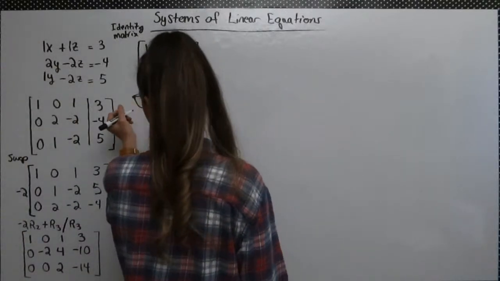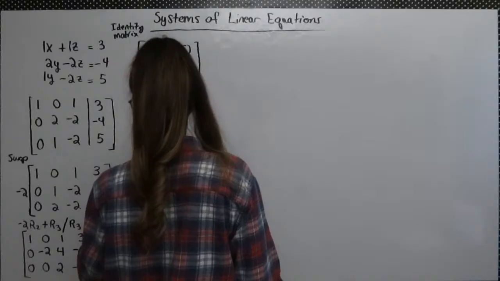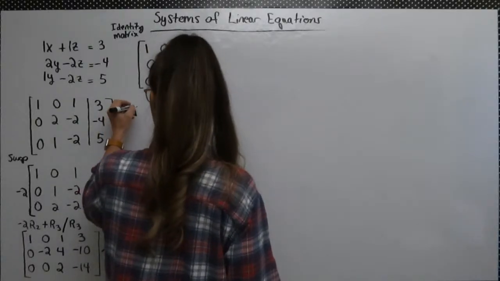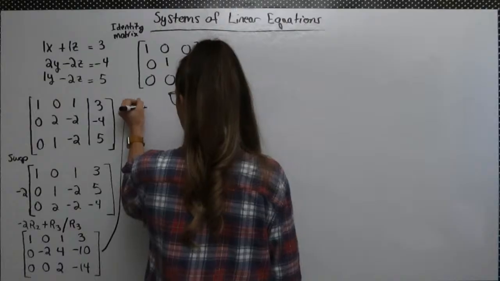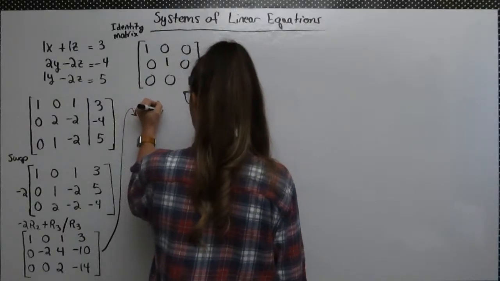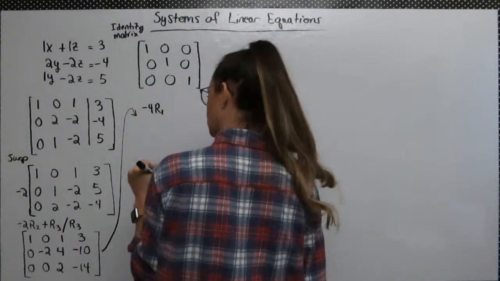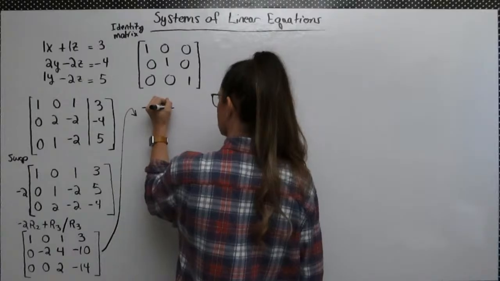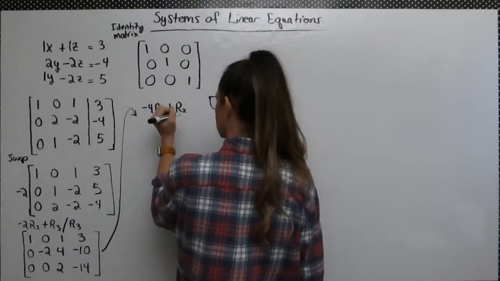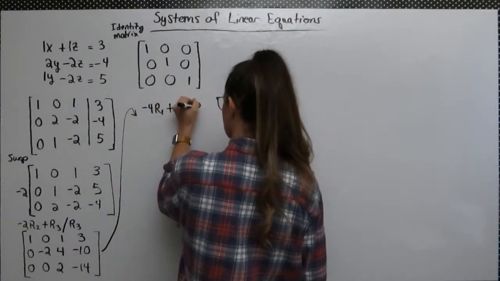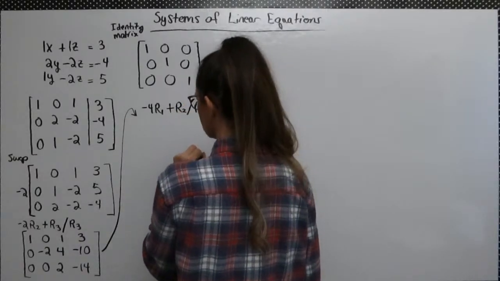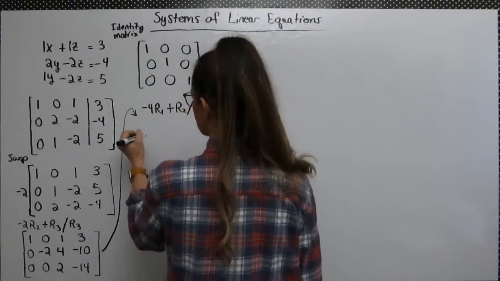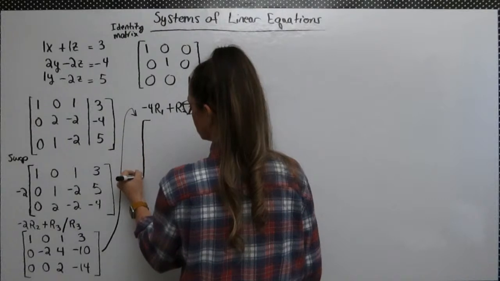So we're going to say -4 row 1 plus row 2, and then we'll replace row 2. That's what we're going to do. Okay, let's see what happens.